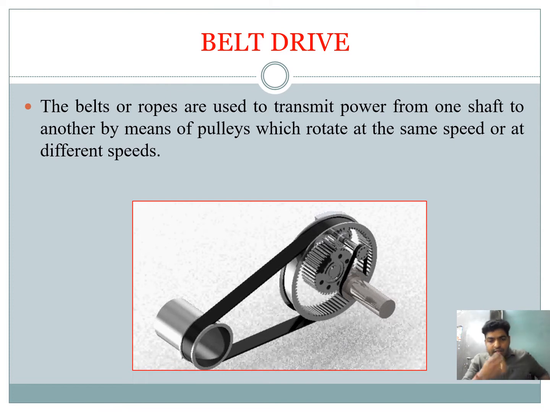And next, there are some conditions under which the belt is used. The shafts should be properly in line to ensure uniform tension across the belt. Basically, these are the factors which affect the transmission of power.